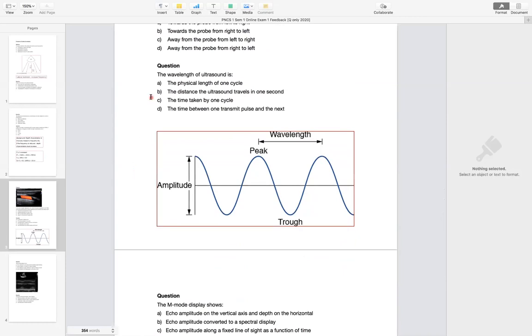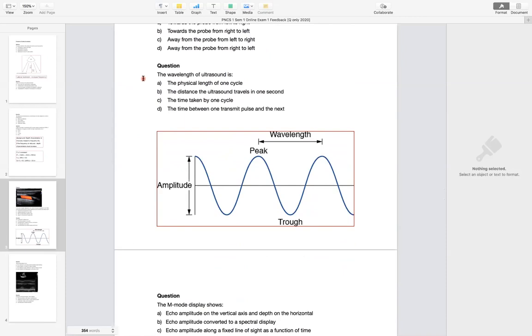Another question that was less well answered. The wavelength of ultrasound is which of the following? You didn't have the benefit of this example, but I've just put it on the screen here. This illustration is on the screen to help you.